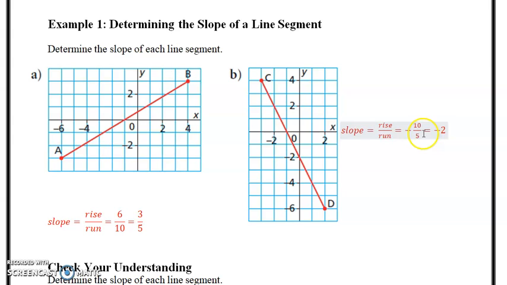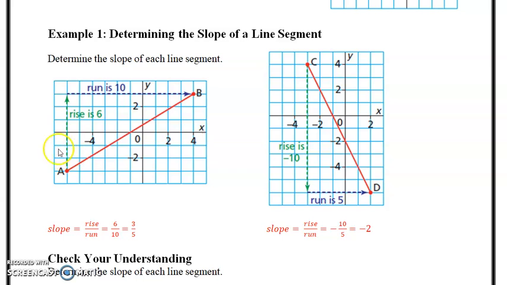Slope is equal to rise over run, which is negative 10 over 5, which is negative 2. Remember, just to make sure we simplify, like I mentioned earlier, that's really important we do that, okay?